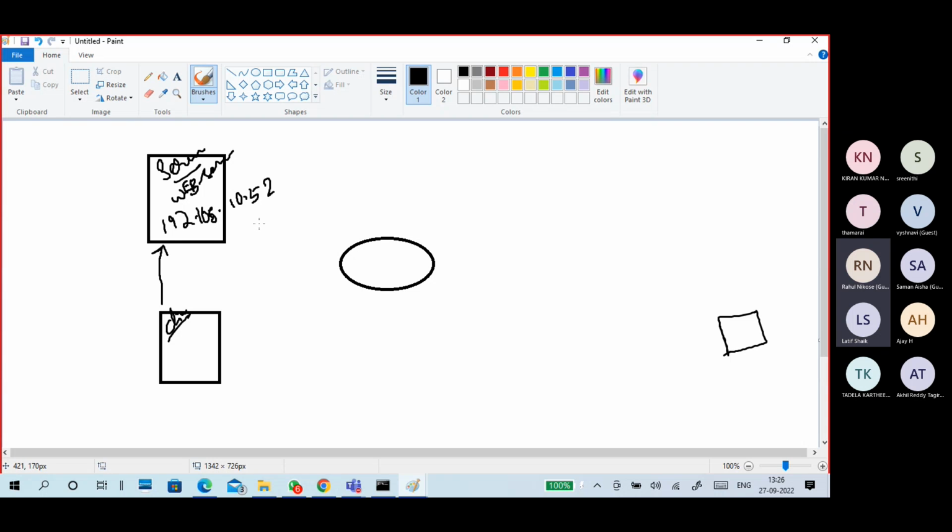This is the private IP. If this person tries to access it, he cannot. Why? Because it's a private IP. All communications will go through the router.